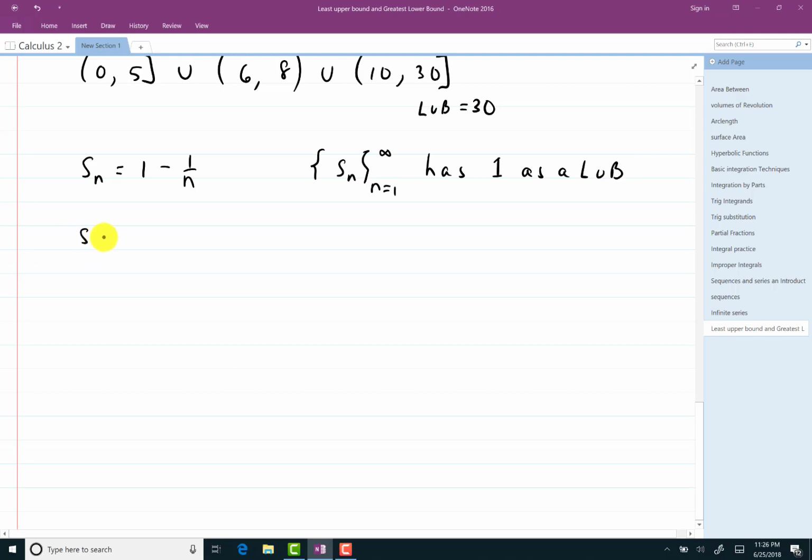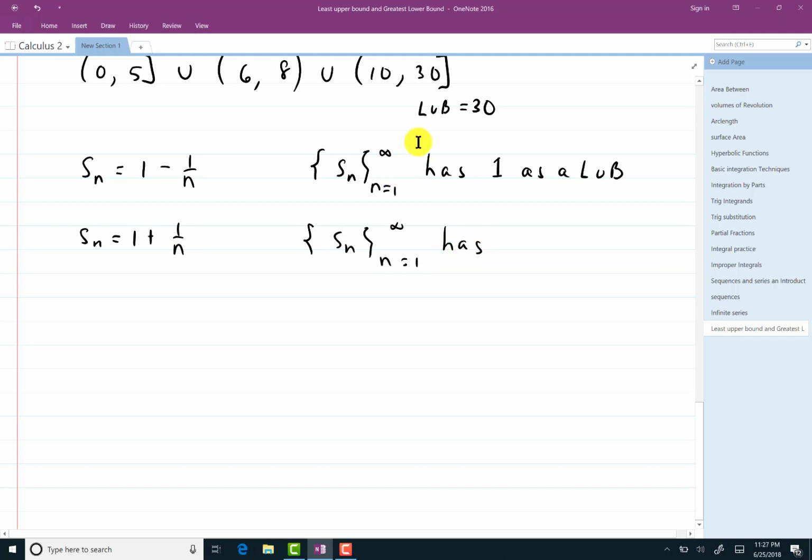You can go the other way too. In this version of it now, you can see that as n gets bigger, I'm getting 1 plus 1/2, 1 plus 1/3, 1 plus 1/4. This is approaching 1 also.